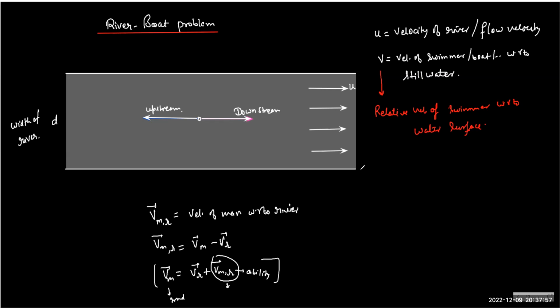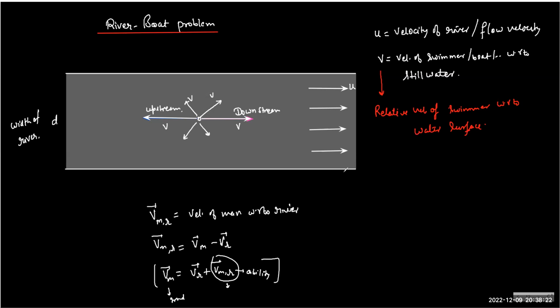So if you go downstream, what will be your velocity in the ground frame? V remains same in every direction. Do you remember this? A man can swim in any direction with the same speed. But the river will give you additional value.